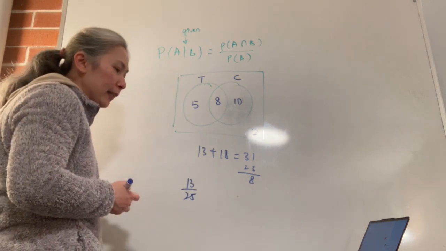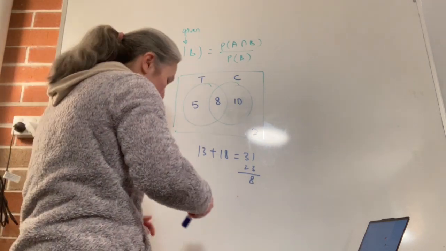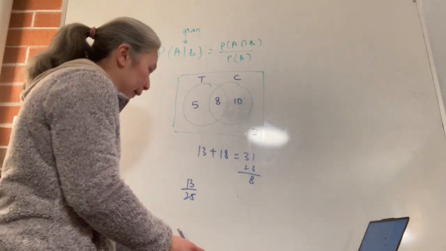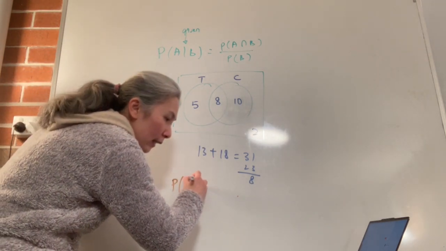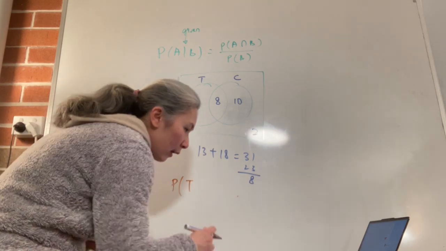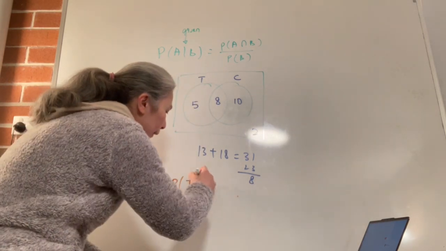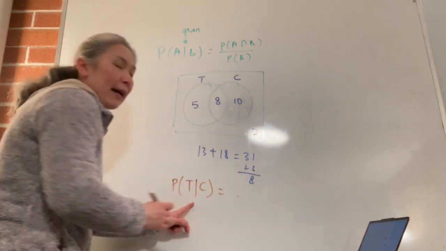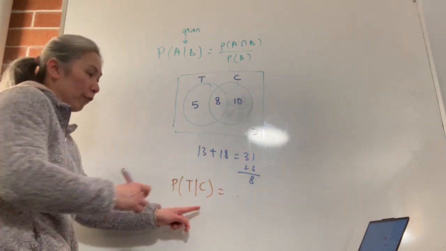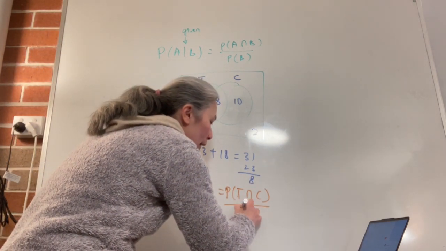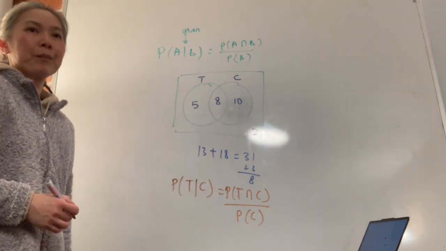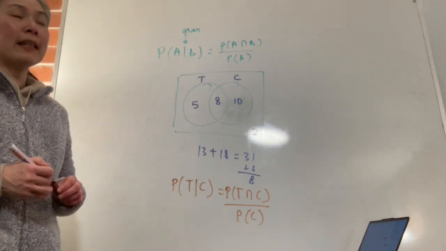And the second question is like tea given like coffee. So that means you need to apply your conditional probability. The question is asking you probability of like tea given like coffee. This is how you write it: tea given coffee. That means probability of tea and coffee over probability of coffee. That's how I want you to write. I want you to practice. At the moment, it's really simple.